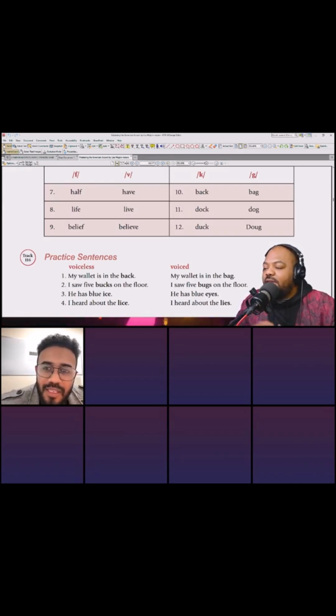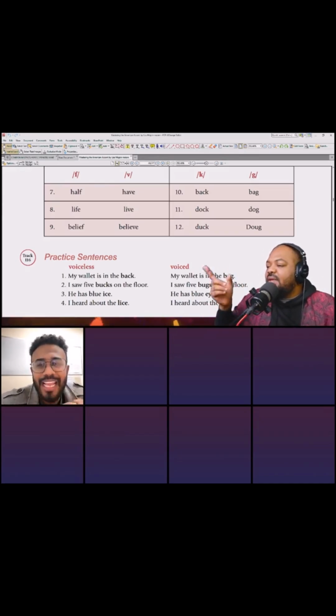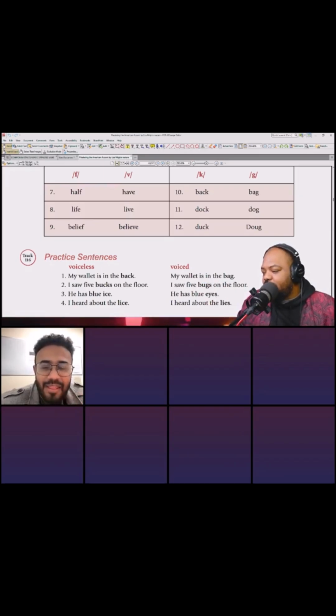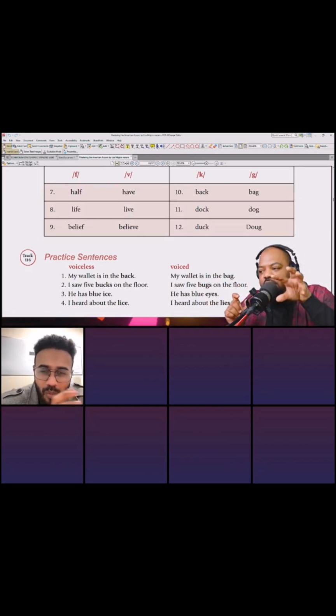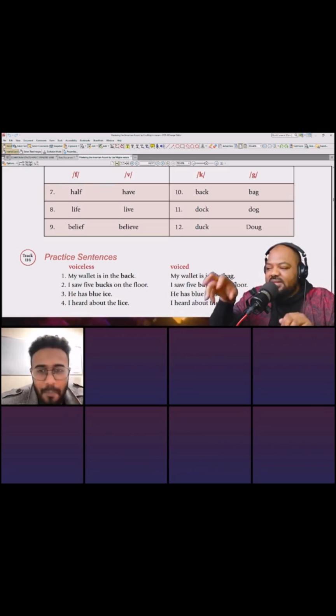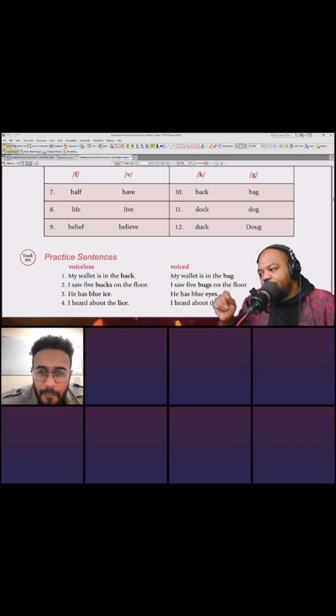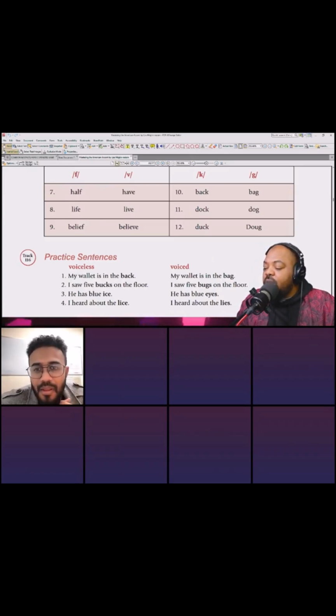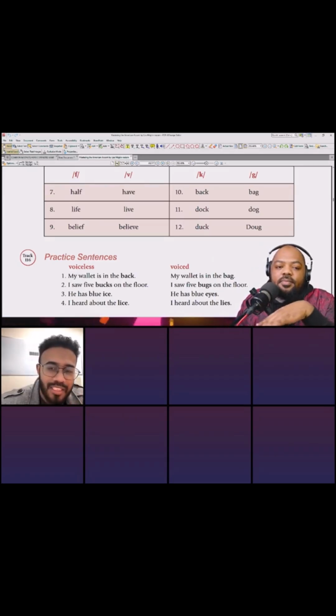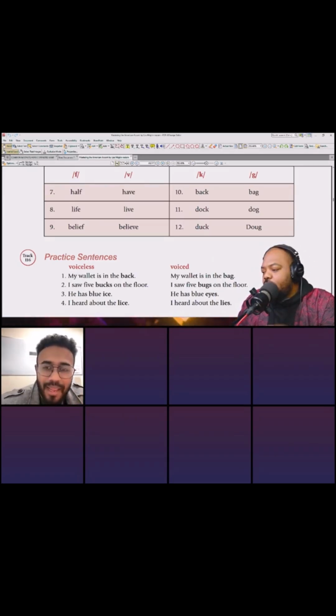My wallet. Put it together. My wallet is in the back. Exactly. So we're gonna put them together. We're gonna put small clusters, like tie these and tie these. My wallet is in the back. Da-dum, da-dum, da-dum. My wallet is in the back. Very good.